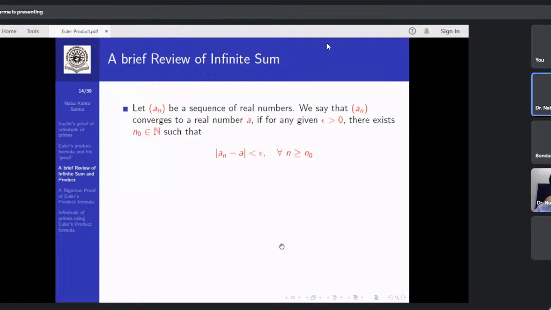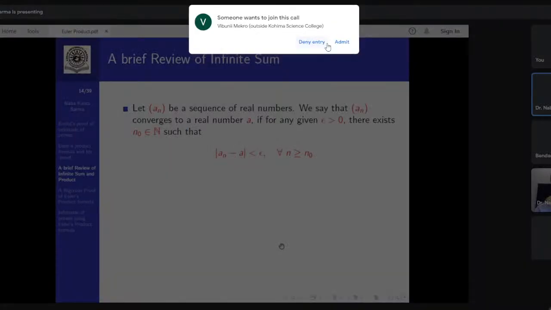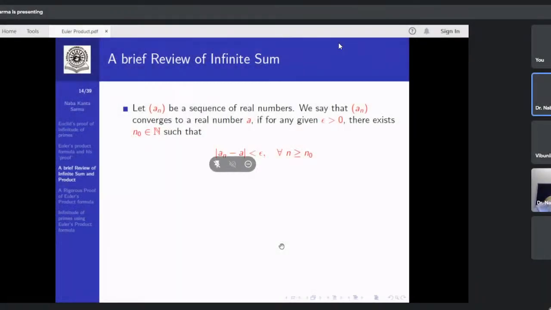That means after the n naught term, the absolute value of the gap between a_n and a can be made less than epsilon for any given epsilon. In that case, we say that the sequence a_n converges to the number a.